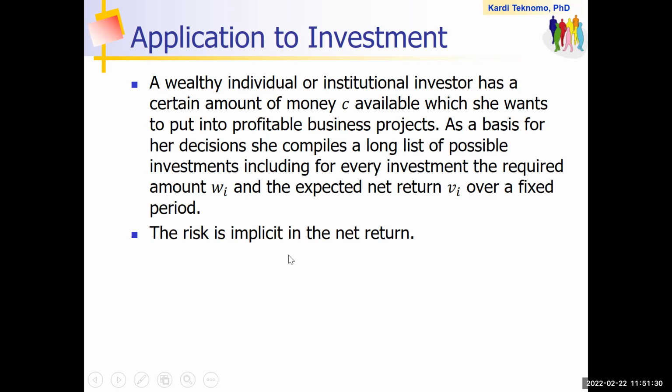A wealthy individual or institutional investor has a certain amount of capital available and wants to put it into a profitable business project. As the basis of her decision, she compiled a long list of possible investments, each requiring an amount W and giving an expected net return V, over, for example, 1 year or 1 month. The risk is implicit in the net return.